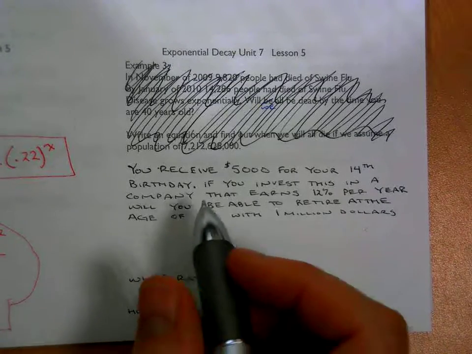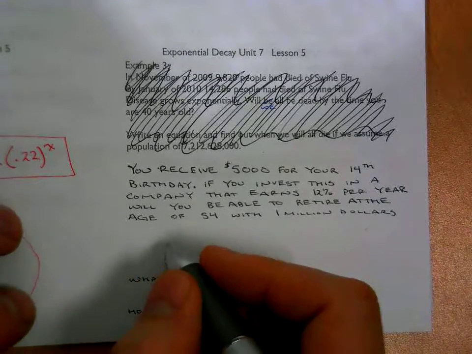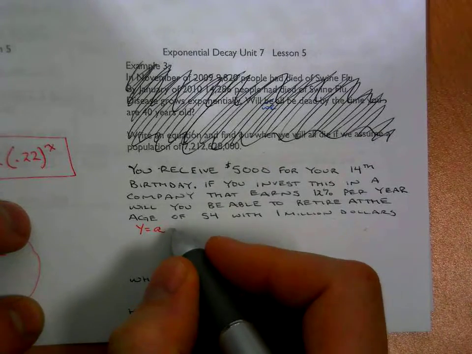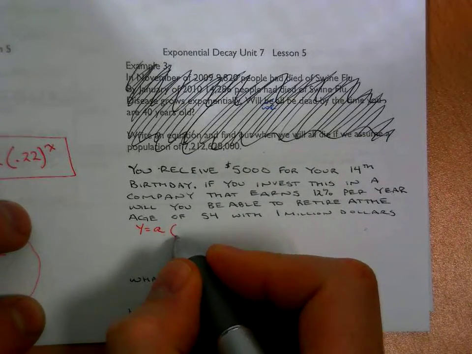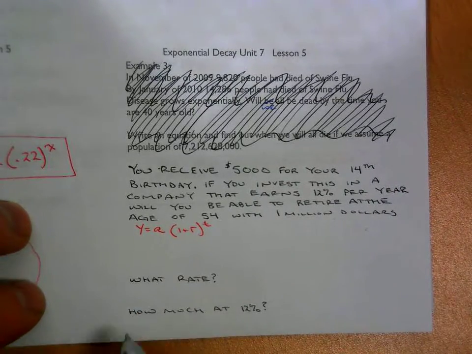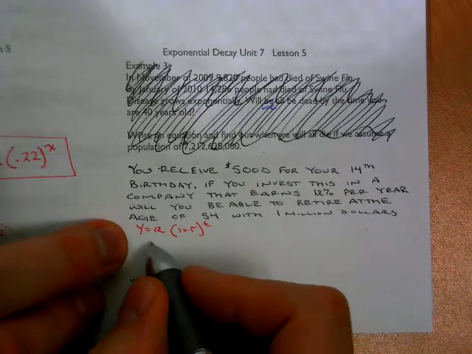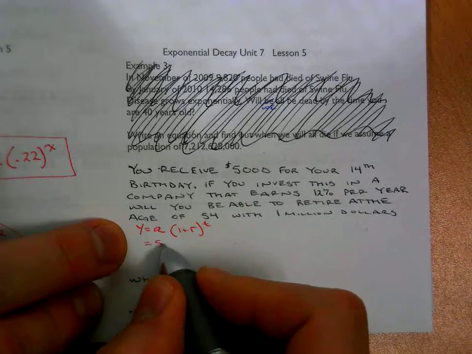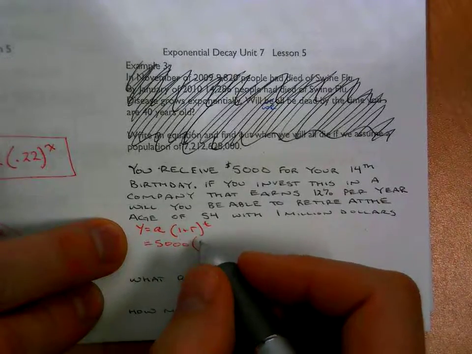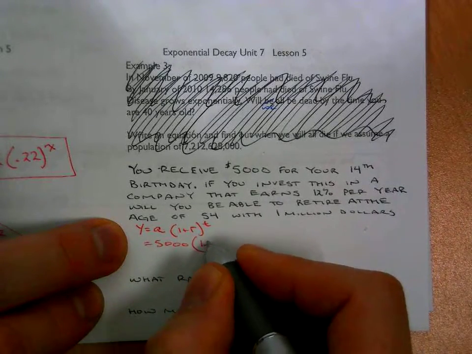So remember we want to set this up, and if we want y equals a, this is growing exponentially, so 1 plus the rate to the t power. This is the formula we're going to use. Well, the original amount is 5,000. The rate is 12%, so 1 plus 0.12 would be 1.12.